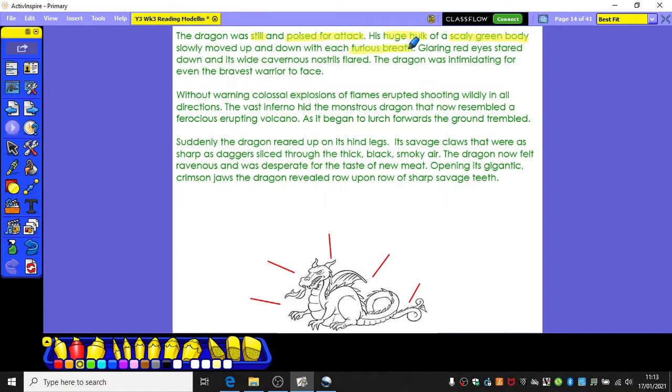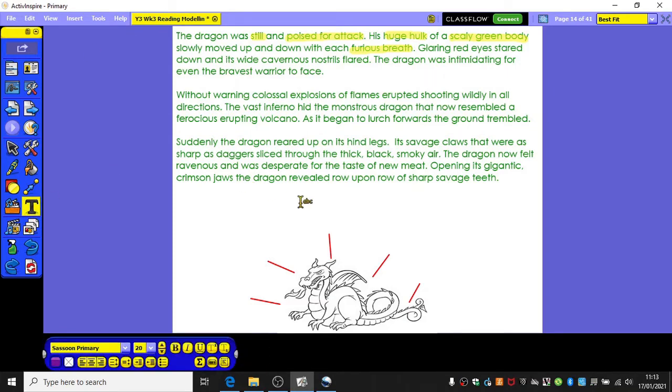So we're finding the noun phrases that are telling us about the dragon. So far I've already got that he has a scaly green body. So my dragon down here, I'm going to annotate it with what I know about him. Scaly green body. A huge hulk. Do you know of the big green Hulk?